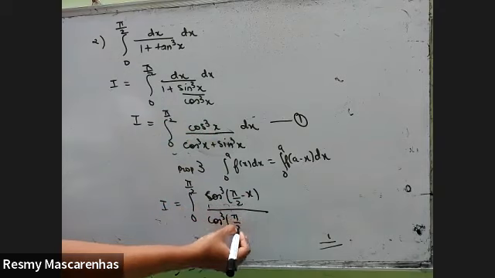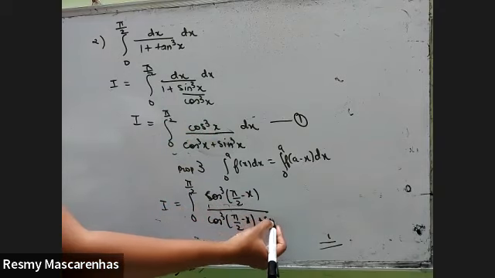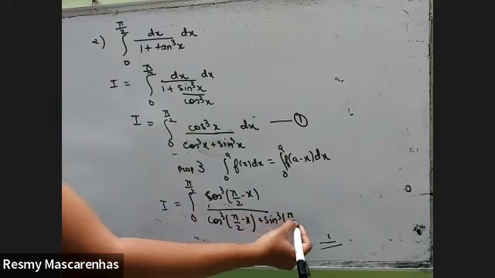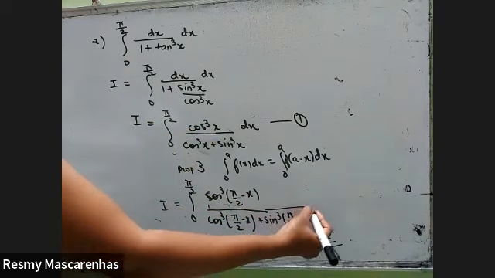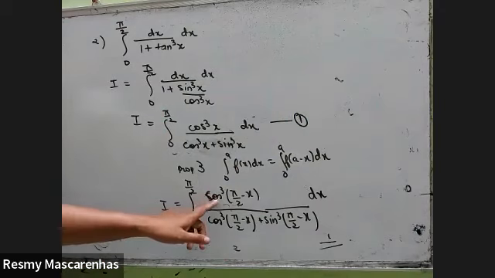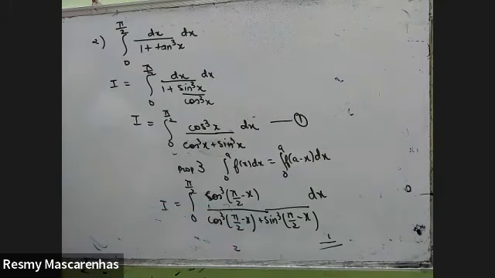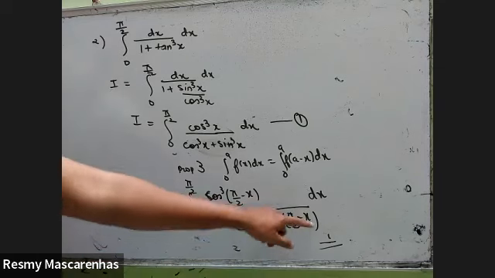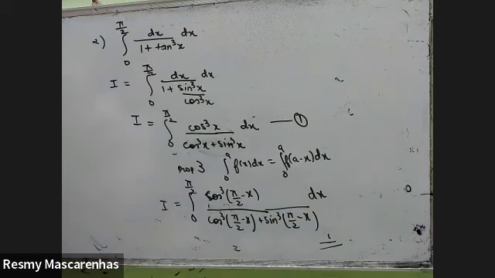Everything will get replaced by pi by 2 minus x. Again, the same logic. Cos of pi by 2 minus theta is sine theta, and sine of pi by 2 minus theta would be cos theta.